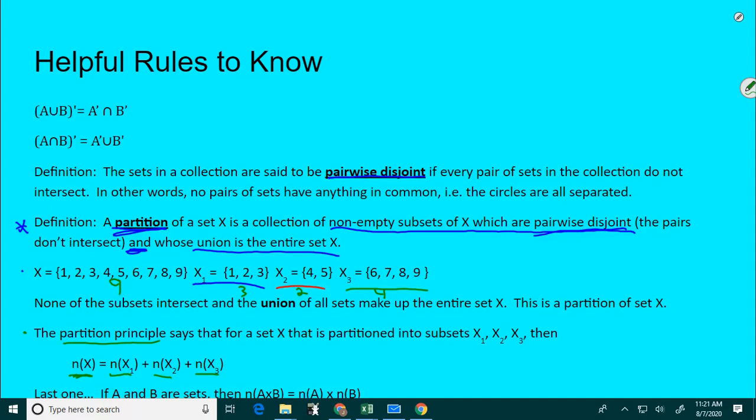Put them all together, that's 9. You could have partitions of 5 or 6 or 7 sets, whatever you want. So let's say maybe this wasn't there, and I say X sub 4 is 9. Still a partition. Everything still works out.